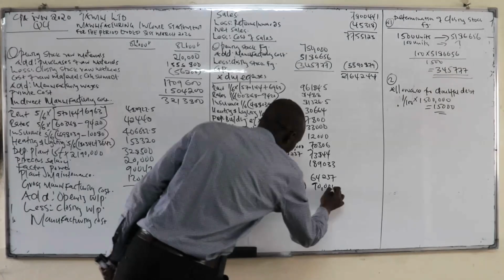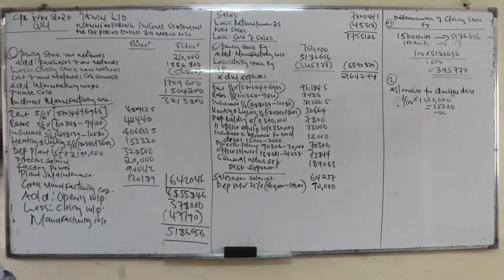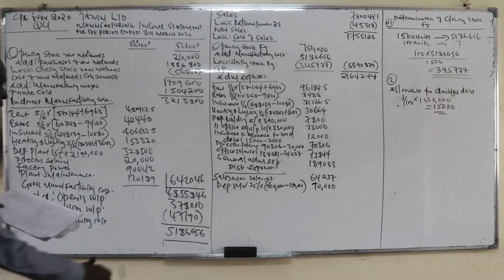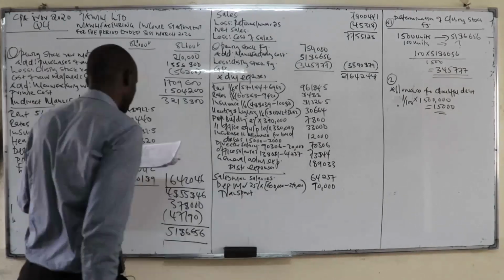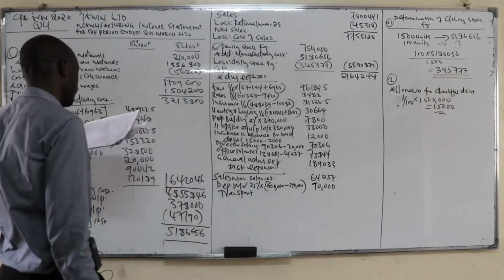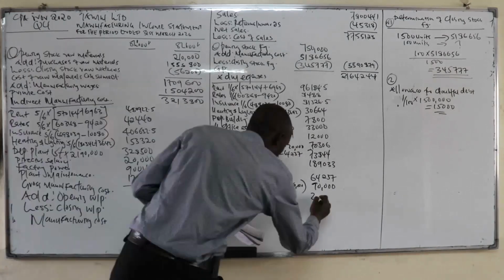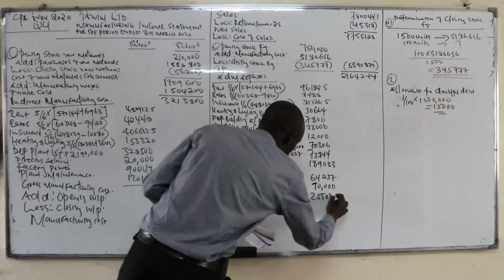Sijui kama tunapatana. Tuko salama, si ndio? Aya, nini ingine? So kuna transport pale. Transport expenses ngapi? 255. And then kuna advertisement.